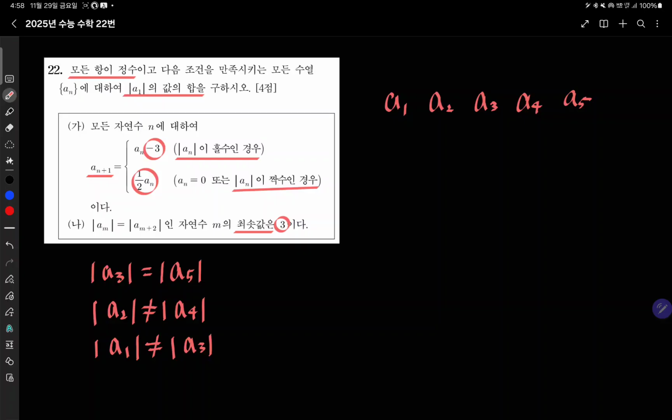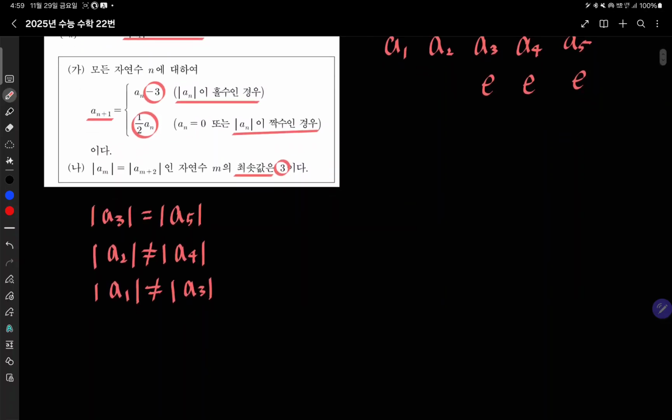Because the absolute value of the third term is the same as the absolute value of the fifth term, if the third term is even, the fifth term is also even. So let's say the fourth term is also even. In this case, the third term should be a multiple of 4.